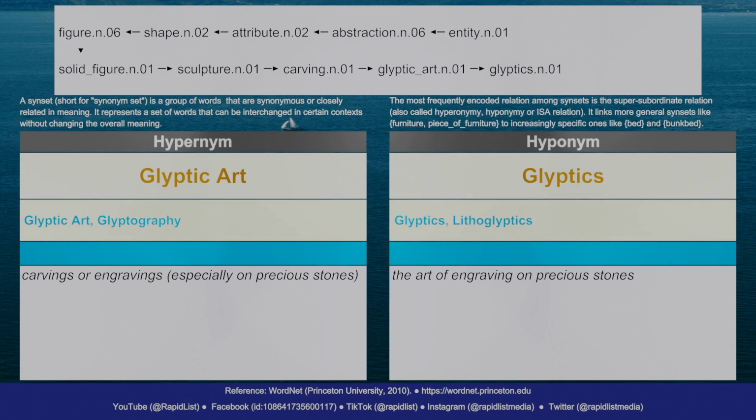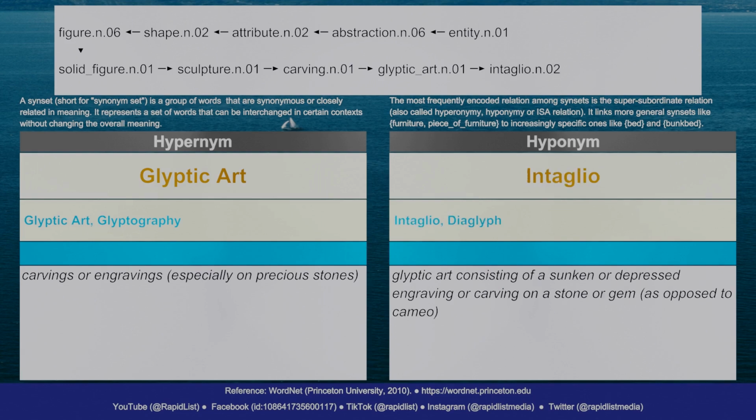Glyptics. The art of engraving on precious stones. Intaglio. Glyptic art consisting of a sunken or depressed engraving or carving on a stone or gem, as opposed to cameo.